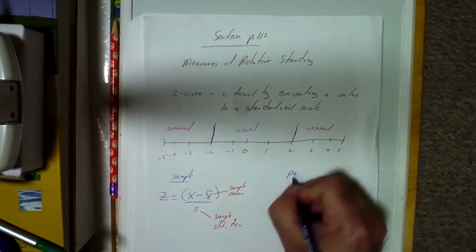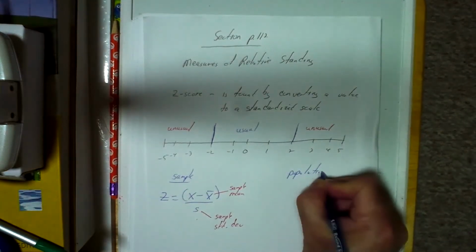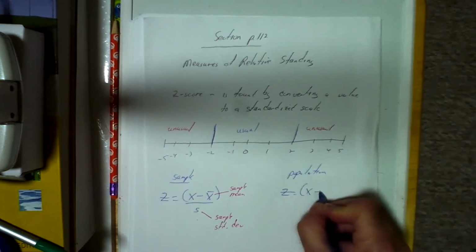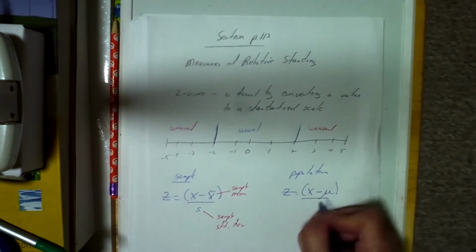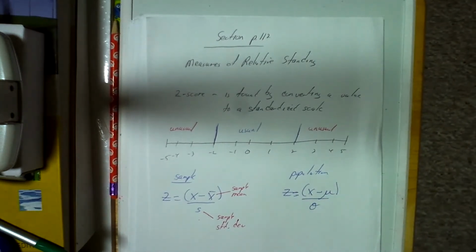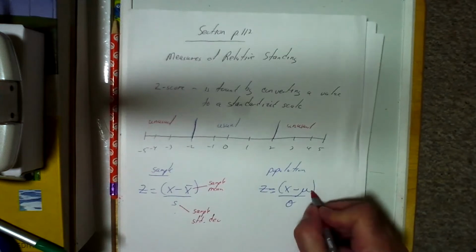If you're dealing with a population, here's the formula: z equals (x minus mu) over sigma.